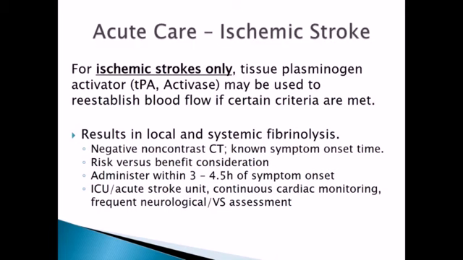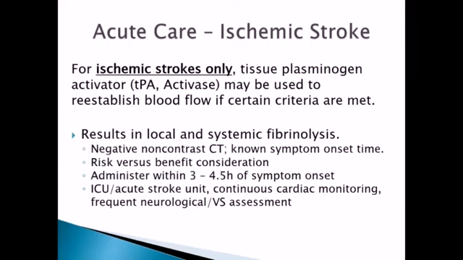These patients are going to be in the ICU, or they should be in the ICU. We may start TPA in the ER, but we have to get them to the ICU or some sort of acute stroke unit. They're going to be on continuous cardiac monitoring, and we're going to have very frequent neurological and vital sign assessment, because as that clot dissolves and blood flow gets reestablished, we should see improvement in their neurological status.